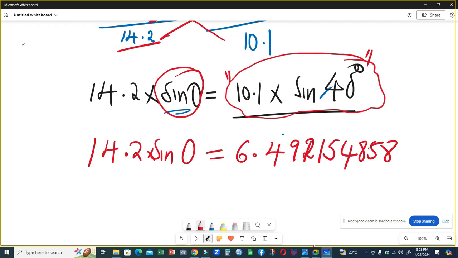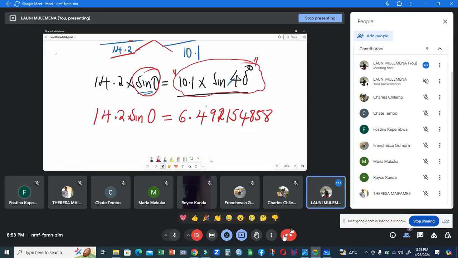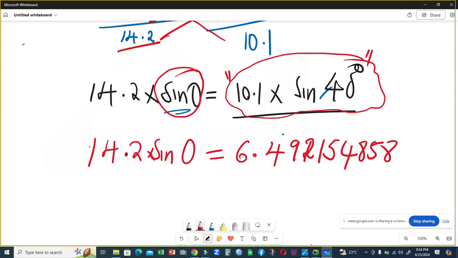Okay. So these numbers are not just guessed. We use a calculator. We need to multiply those entries of those numbers so that we can have that answer. And then now we'll divide both sides by 14.2.